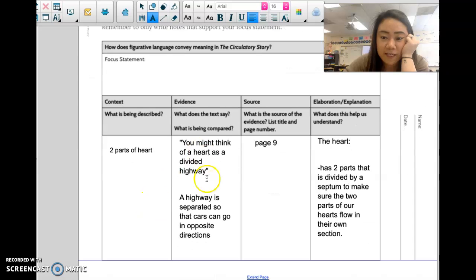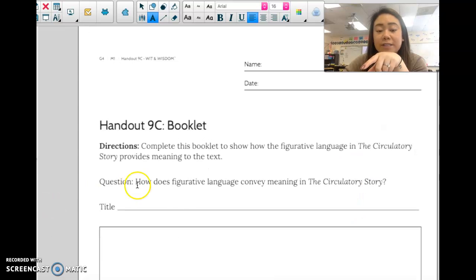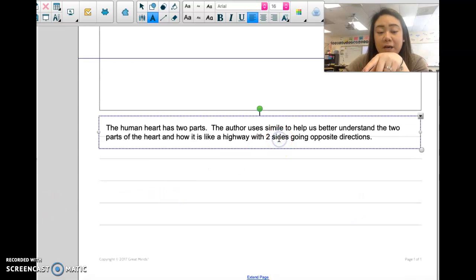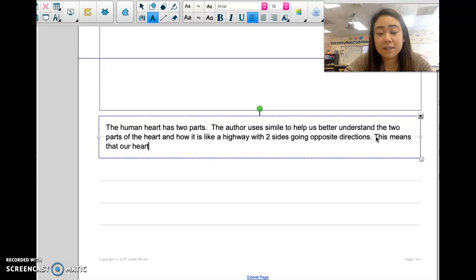Notice that I gave the evidence. Now your job is to explain this part in your own words here. So I already wrote for you, the human heart has two parts. The author uses simile to help us better understand the two parts of the heart and how it is like a highway with two sides going opposite directions. This means that our heart is like a highway because, and you fill this in.